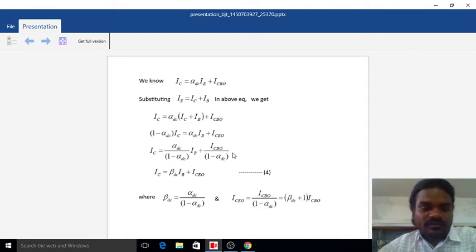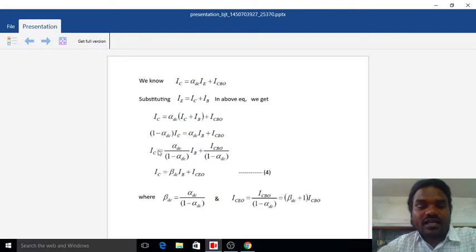This is the fourth equation, that is IC is equals to alpha by 1 minus alpha into IB plus 1 by 1 minus alpha into ICBO. This alpha by 1 minus alpha is nothing but beta, and 1 minus alpha into ICBO, we can write, in common emitter configuration the reverse saturation current, that is ICEO.